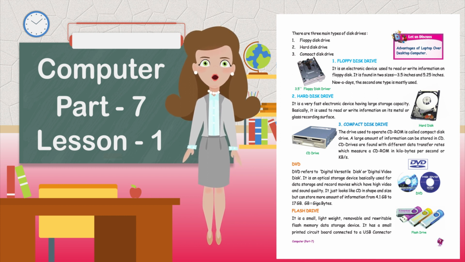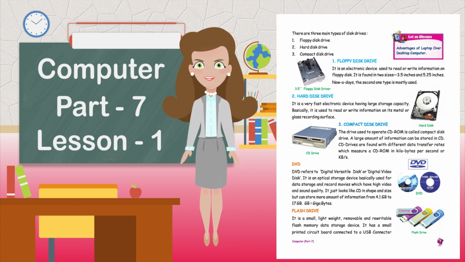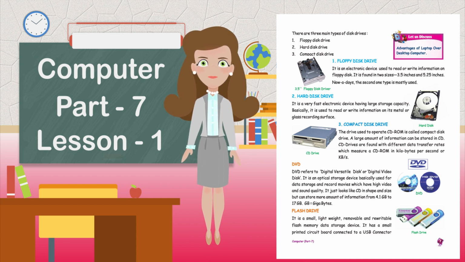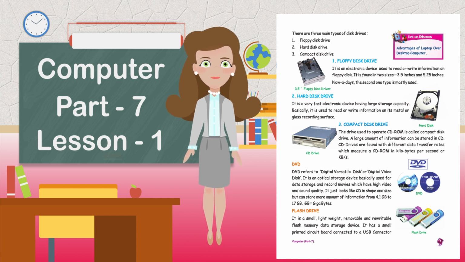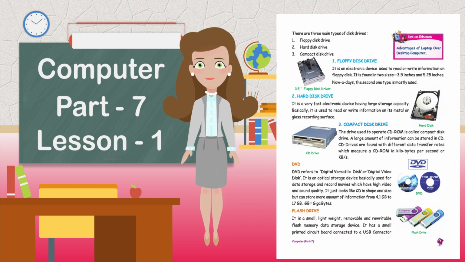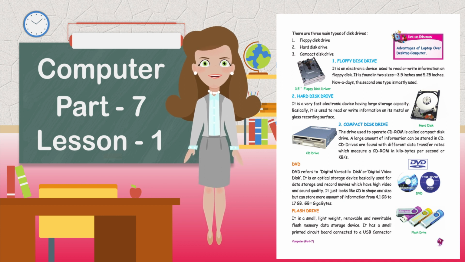Nowadays, the second type is mostly used. Second, hard disk drive. It is a very fast electronic device having large storage capacity. Basically, it is used to read or write information on its metal or glass recording surface.